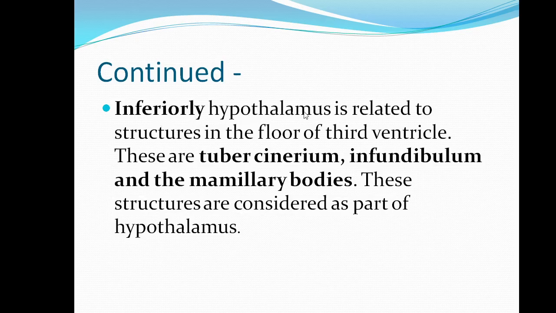Inferiorly, the hypothalamus is related to structures in the floor of the third ventricle. They are the tuber cinereum, infundibulum, and the mammillary bodies. These structures are considered part of the hypothalamus.